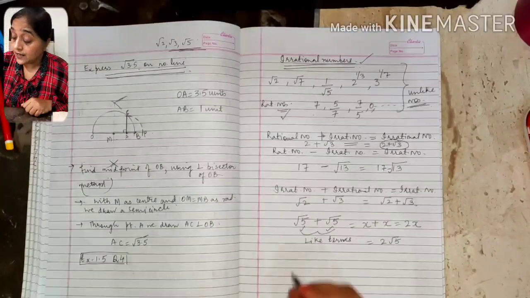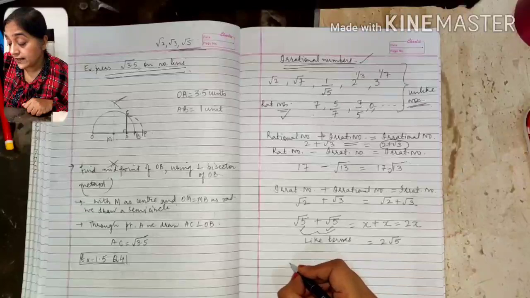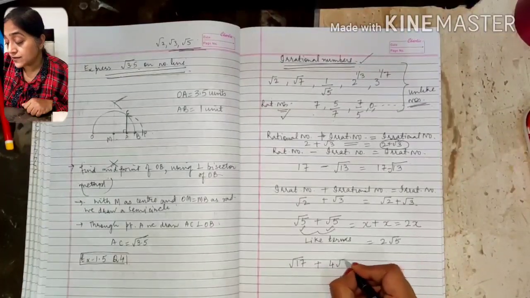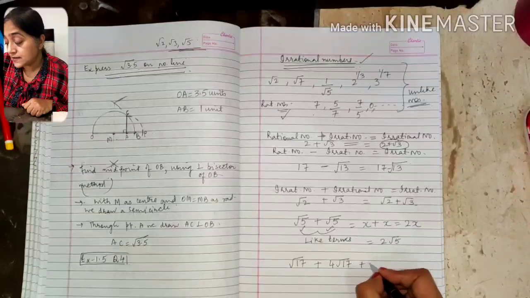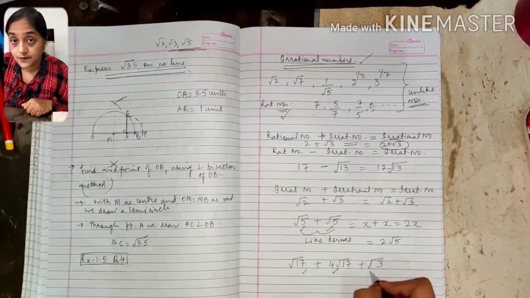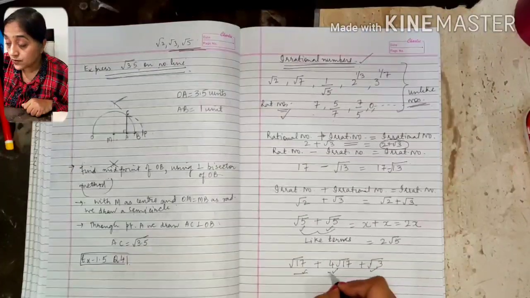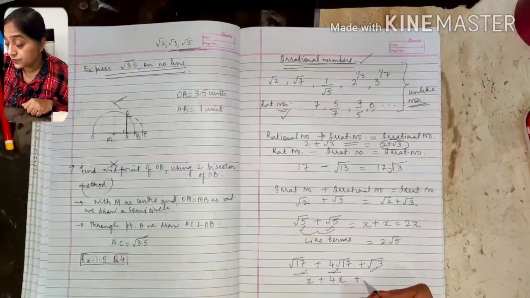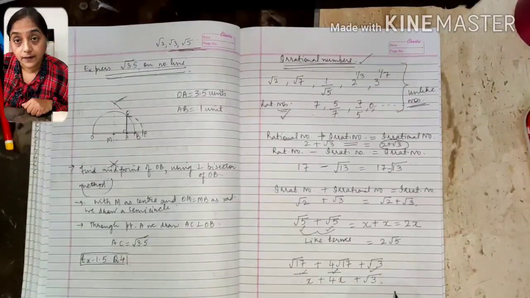Got it? Also, if I take root 17 plus 4 root 17 plus root 3. Now, these are 3 terms. These two are like terms. This is like x plus 4x plus root 3, I cannot take up like this.